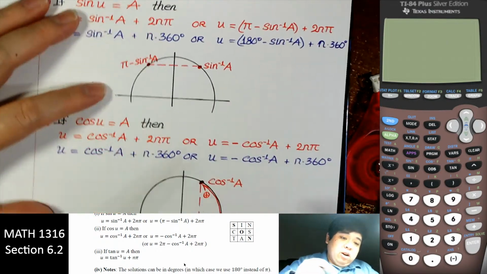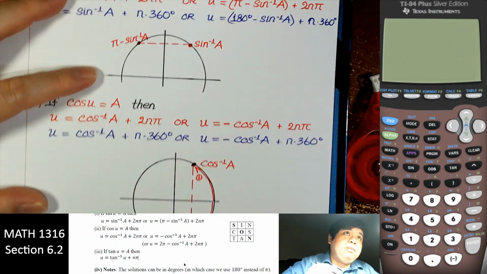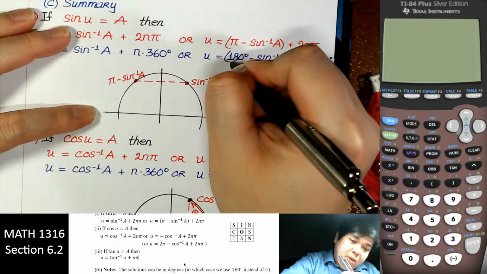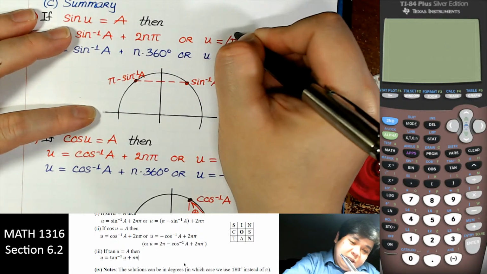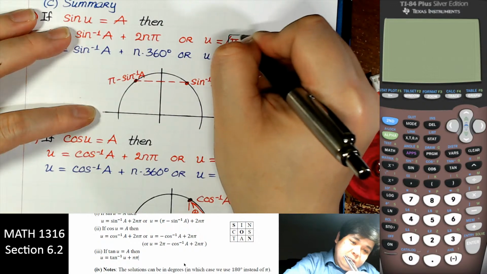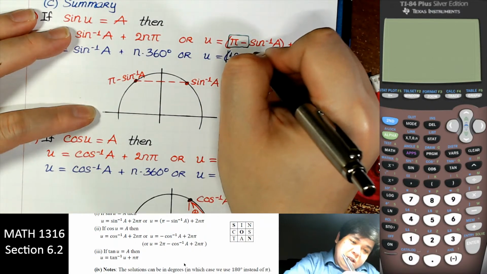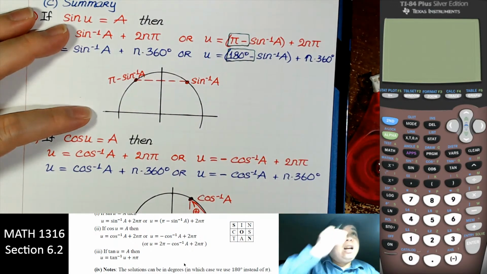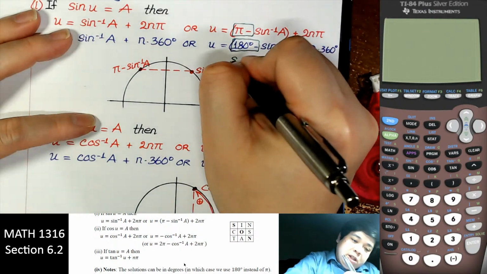What is different is the other solution. For the other solution, we have pi minus, or 180 minus. That is called the supplement.